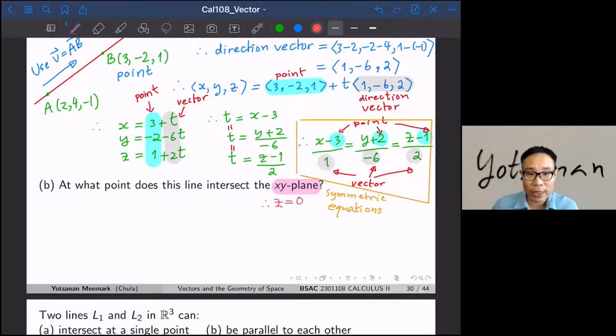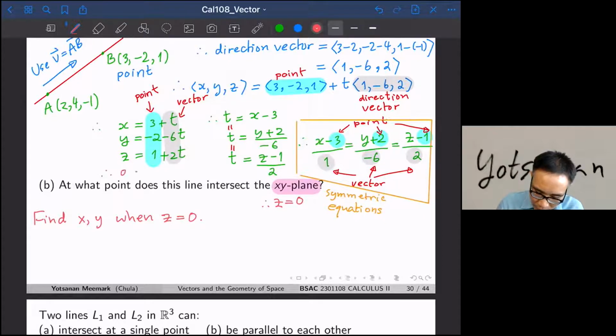When you have the xy plane, it means that you have z equal to 0. So we need to find x and y when z equals 0. So we can use this equation.